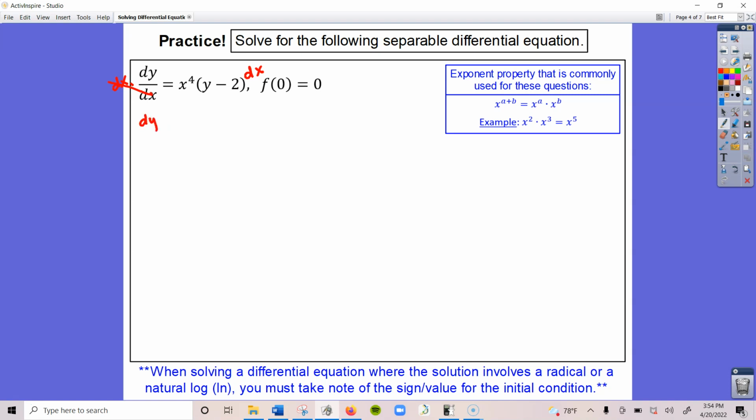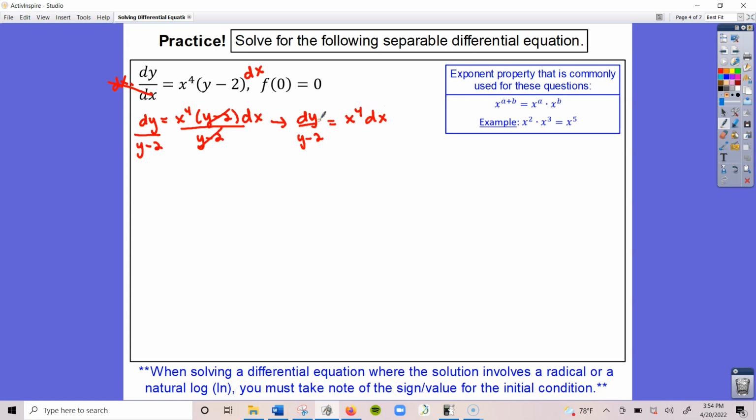So dy is equal to x to the 4th, (y minus 2) dx. And now I want to remove this y minus 2 because it has a y and move it to the other side. So I'm going to divide by y minus 2. So what I have now is dy over (y minus 2) is equal to x to the 4th dx.